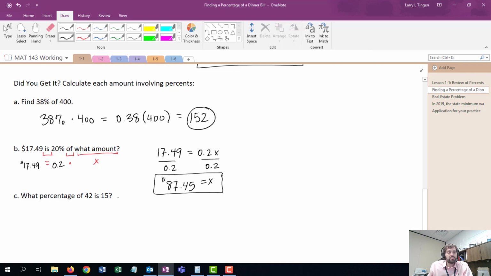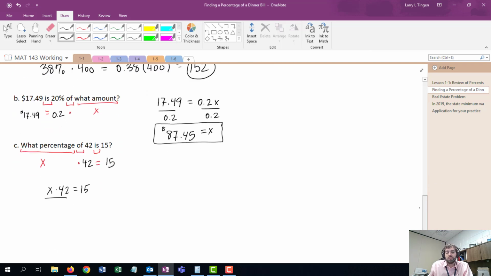Lastly, what percentage of 42 is 15? There's the variable, of is times, is is equals, just plug in the numbers. x times 42 is equal to 15. I'm going to get x on a side by itself. X is currently multiplied by 42. I would like that to not be the case anymore, so I divide it by 42.